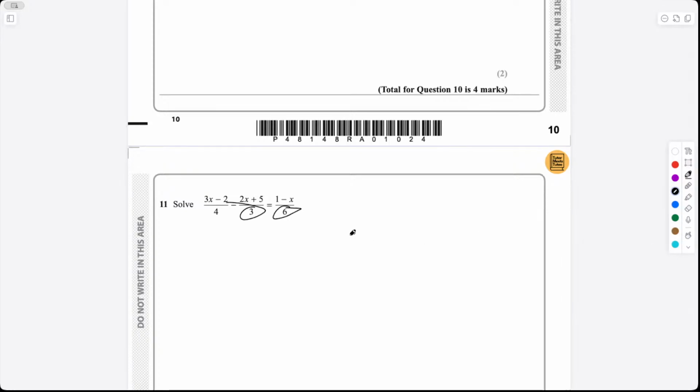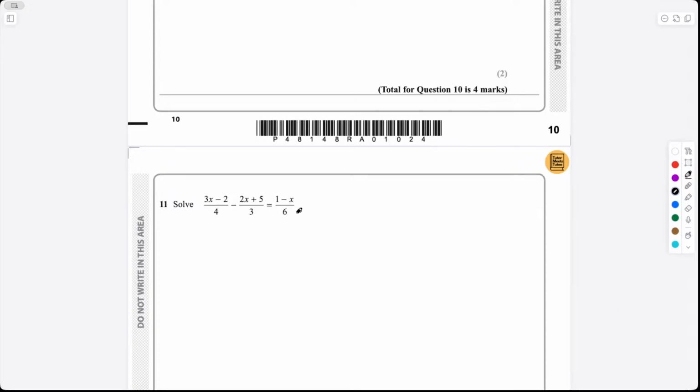So I need to times this denominator by a number, this denominator by a number, and this denominator by a number, in a way where they are all the same at the end, if that makes sense.